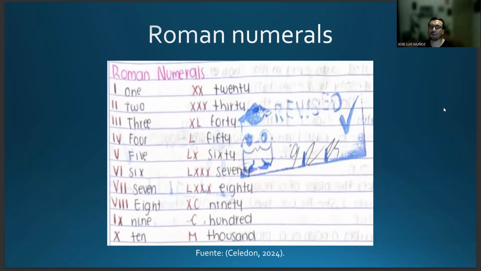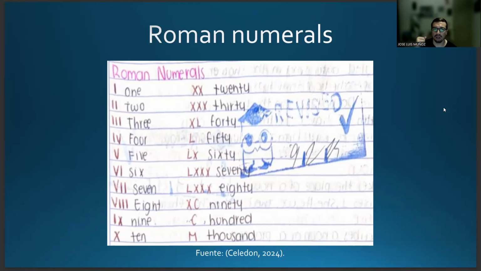Then we have Roman numerals. How to say number 1, like a stick, 2 sticks, 3 sticks, and 4, 5, 6, and like that. Then you use an L, then a V or an X or a C or M. It depends on the number.